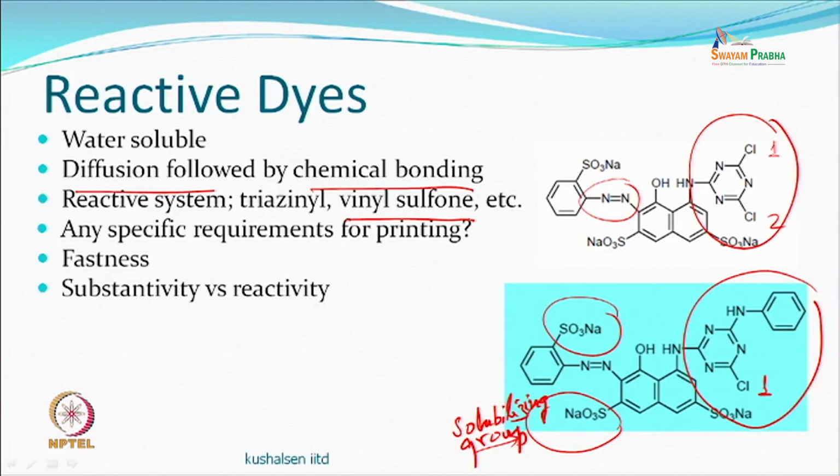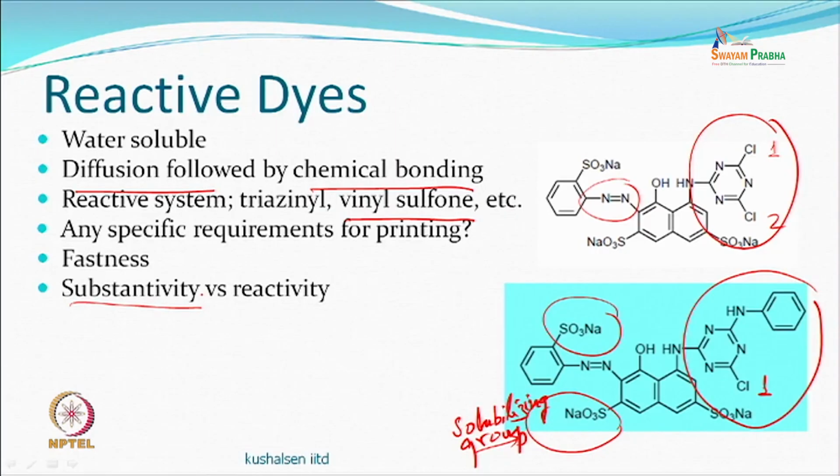We did talk about substantivity versus reactivity. So, moderate reactivity is a good idea, not very high reactivity. So, all the molecules that you make will have moderate reactivity. Substantivity also towards the fiber should not be very high, because in case, particularly in the cellulosic case, if there are hydrolyzed dyes which are formed, because we are looking at reaction with the hydroxyl group of cellulose, and water also has the same situation.